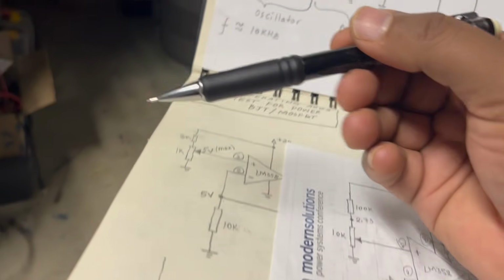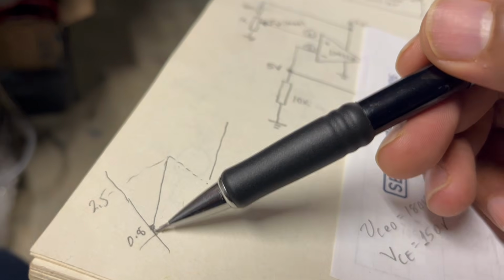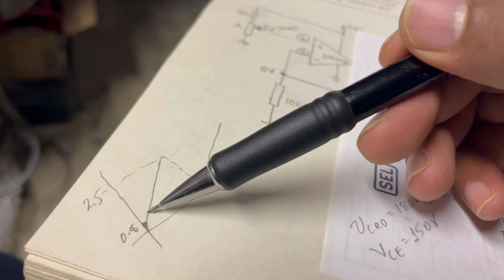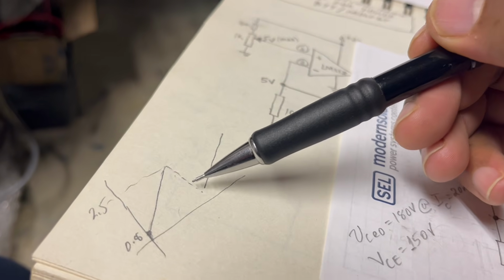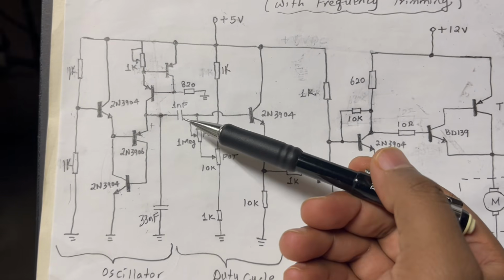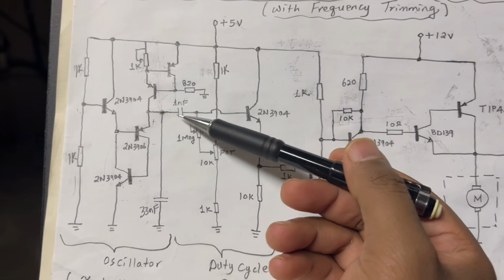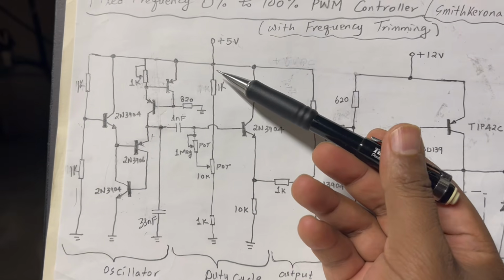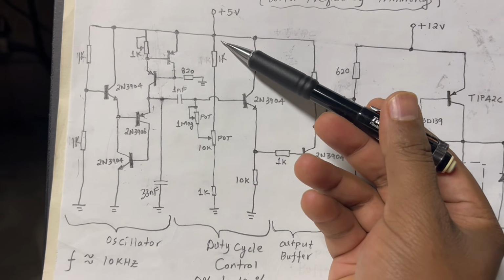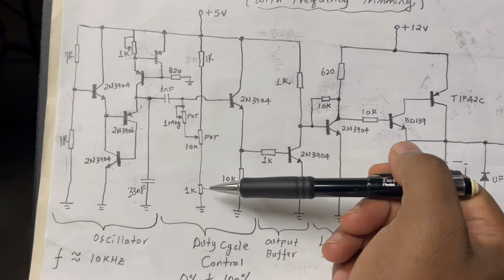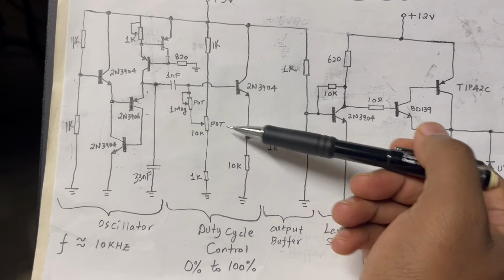So now we don't want this DC offset. All we care about is the sawtooth waveform. So how do we do that? We just basically high pass filter it or AC couple it to the next stage. The next stage creates a bias that is basically created by the two 1K resistors and a 10K pot.